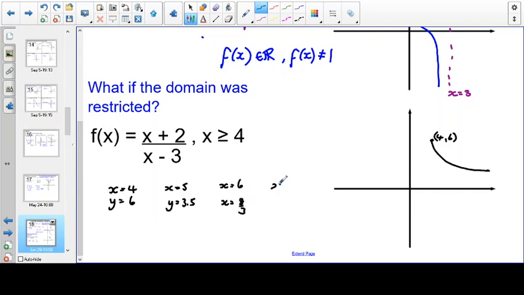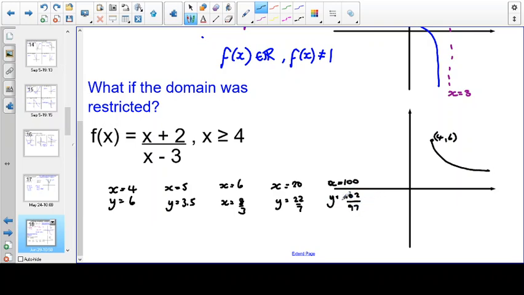Okay, let's go a bit bigger. What happens when x is 20? Well, when x is 20, y is 22 over 17. What happens when x is 100? y is 102 over 97.